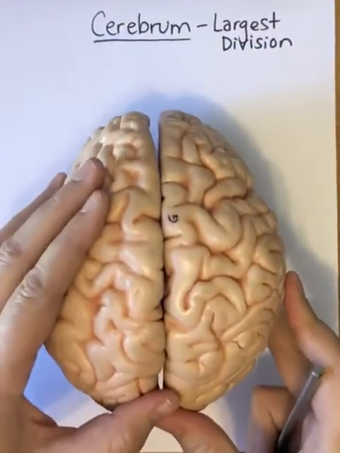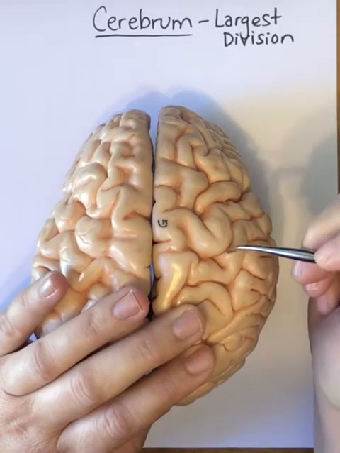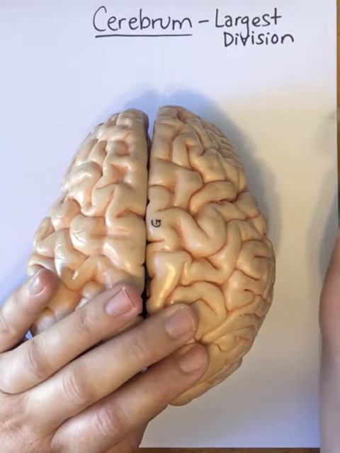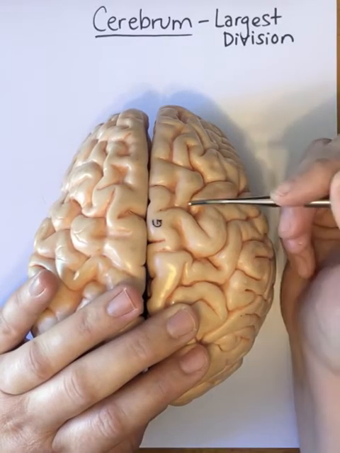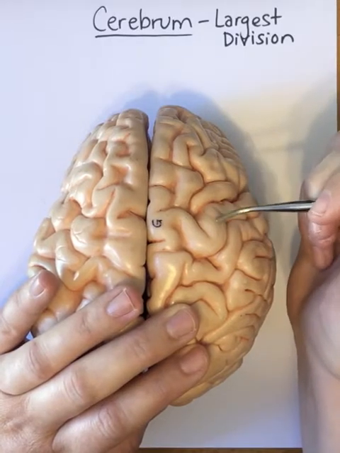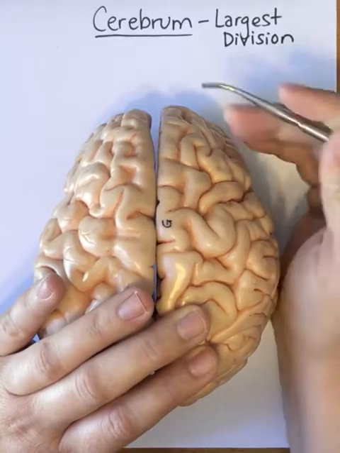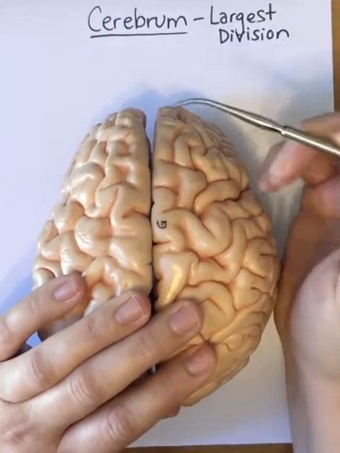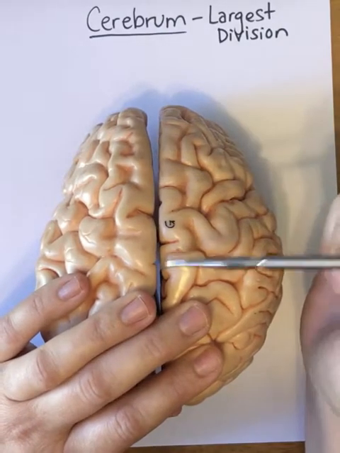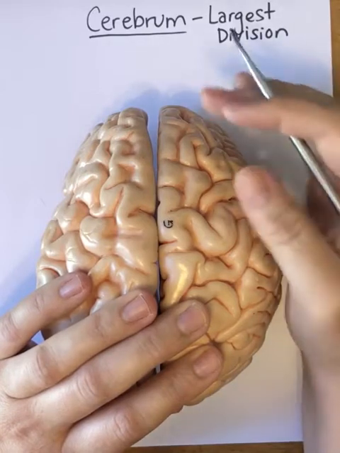Now, when you look at your cerebral hemispheres, you can see that there are also these shallow depressions. These are called sulcuses, and we're going to name a couple of them. And the swelling areas that are convoluted, which means twisted, are called your gyri or gyrus. So we're going to talk about the anatomy of the cerebrum: the cerebral hemispheres, the sulcuses that are involved, and also the lobes.